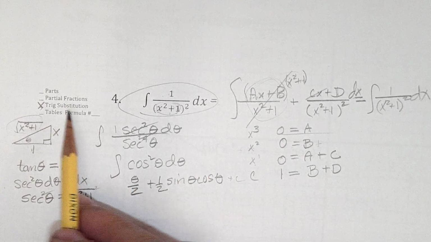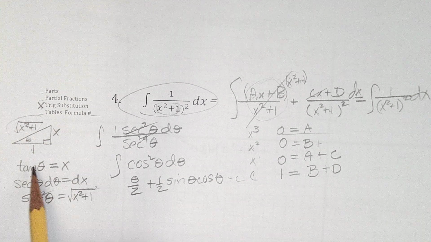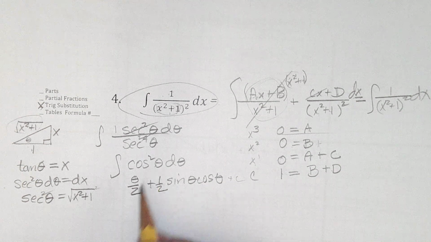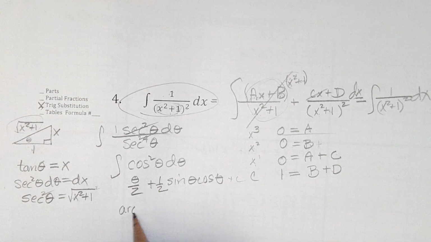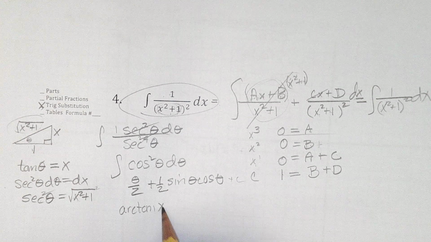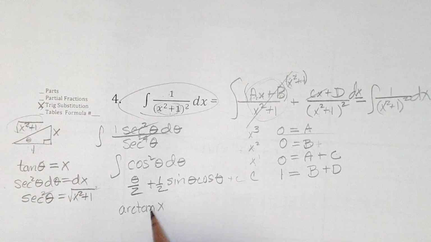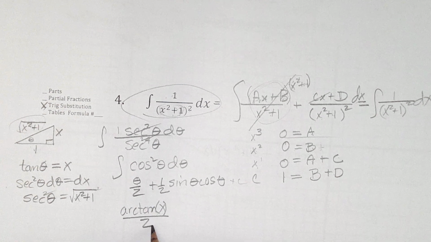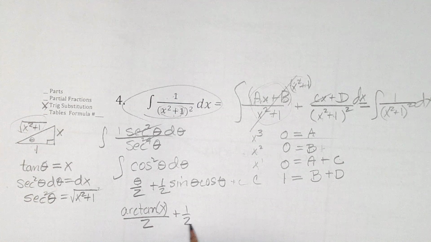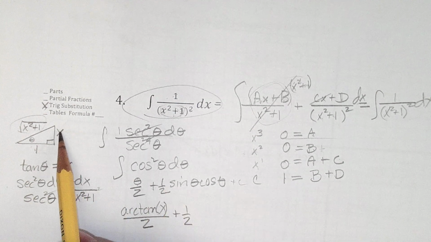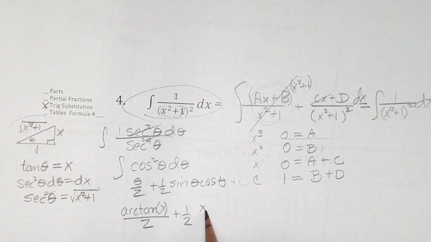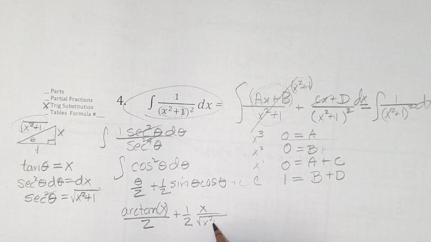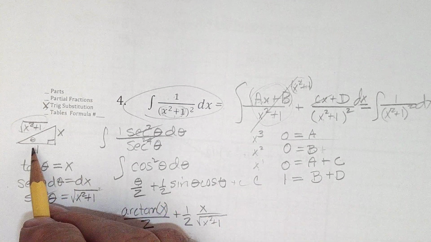So now we've got to get back to our x's. Theta, if I solve for theta, is the arctangent of x. That's theta divided by 2 plus 1/2. The sine is x over the square root of x squared plus 1, times the cosine, which is 1 over that.